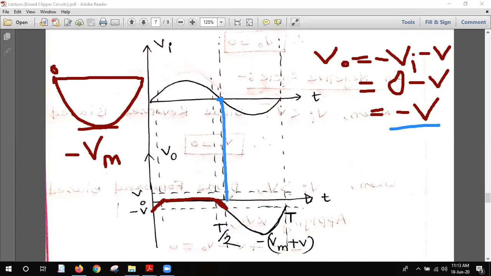This is the minus V portion, and you see that this is also marked as minus V. Similarly, this side will also be minus V.